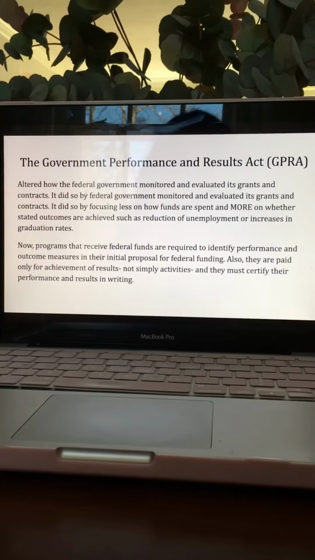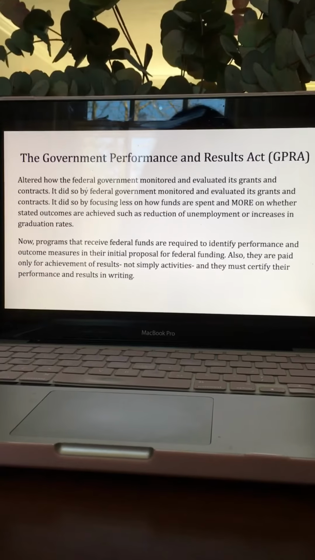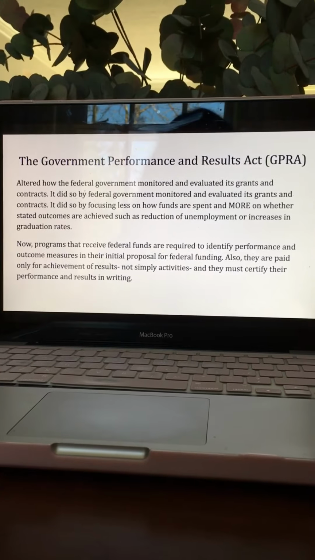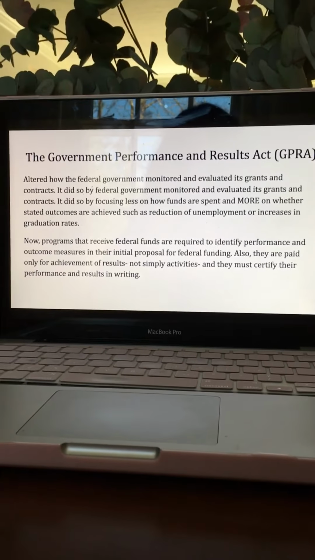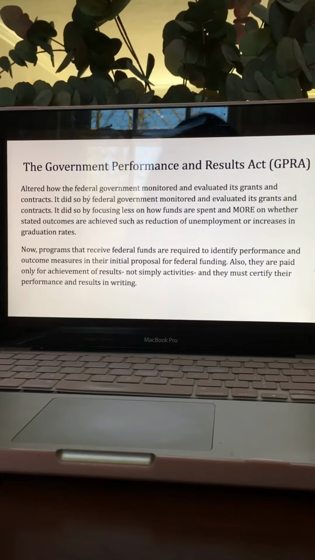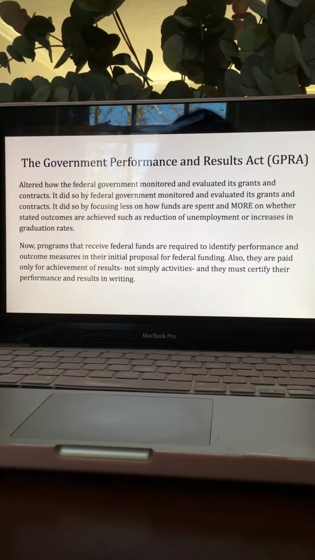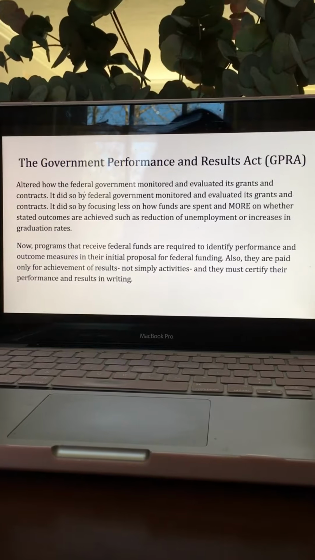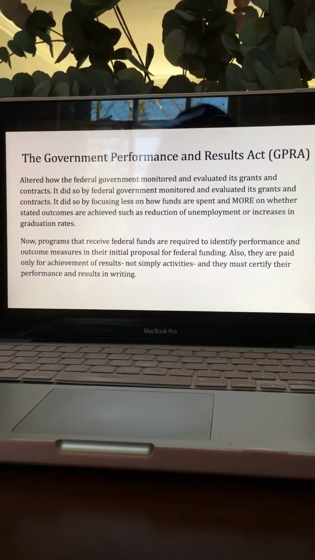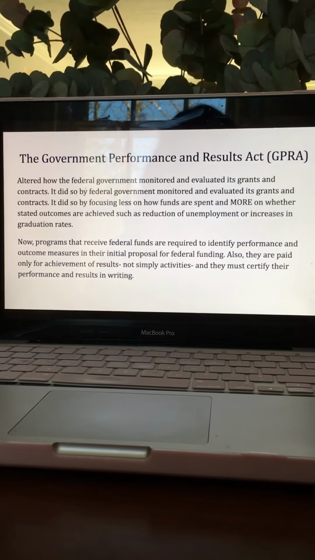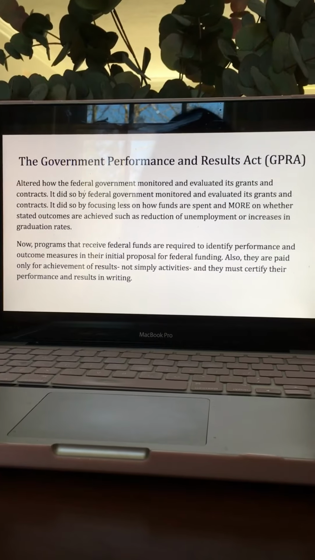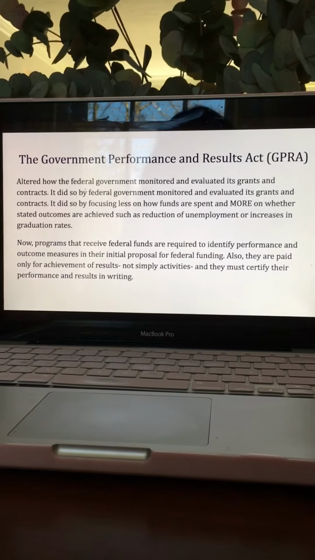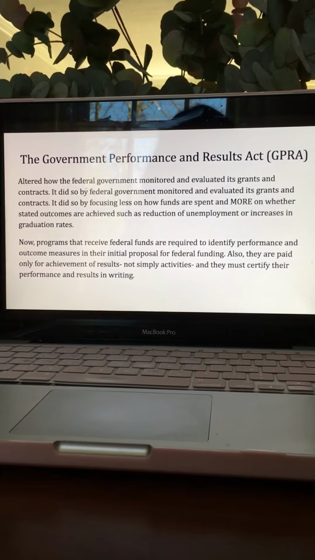The next slide was a term from the book about the Government Performance and Results Act, or the GPRA. The GPRA altered how the federal government monitored and evaluated its grants and contracts. It did so by focusing less on how funds are spent and more on whether stated outcomes are achieved, such as reduction of unemployment or increases in graduation rates.